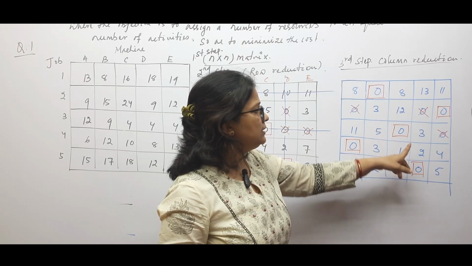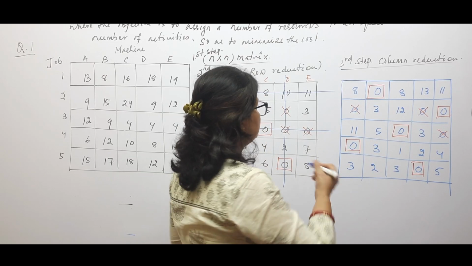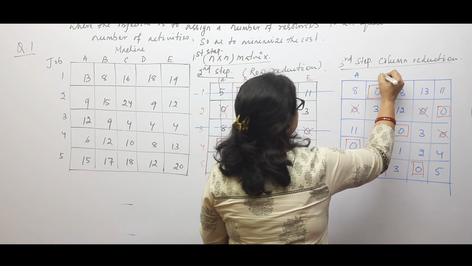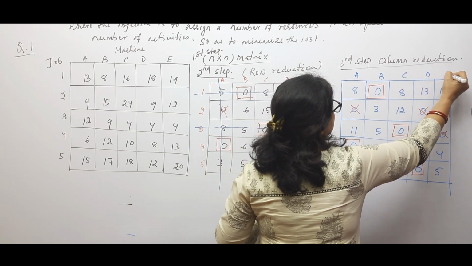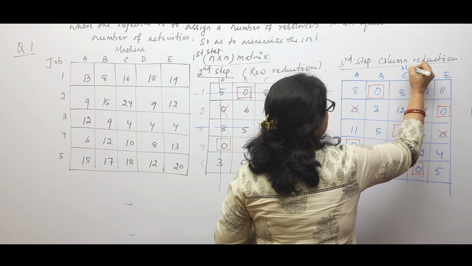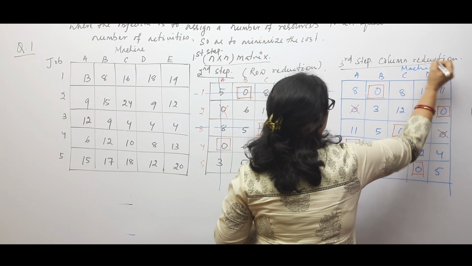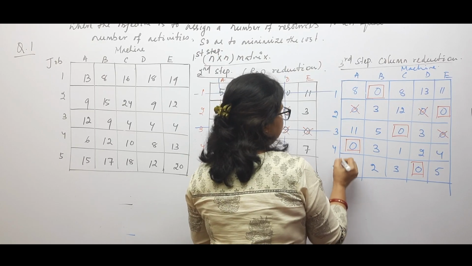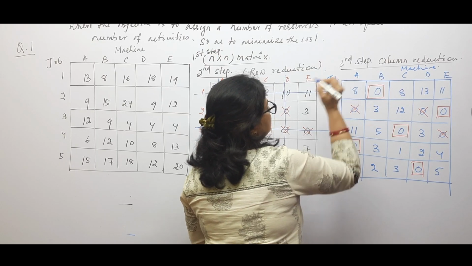How are we going to find the result? First we need to assign the jobs to the machines. These are our machines A, B, C, D, E, as we all know. And this is 1, 2, 3, 4 and 5, our number of jobs.